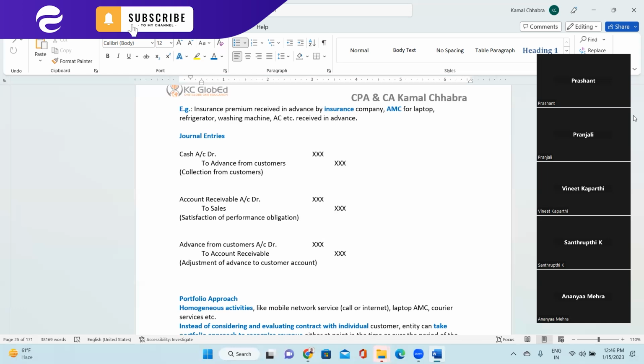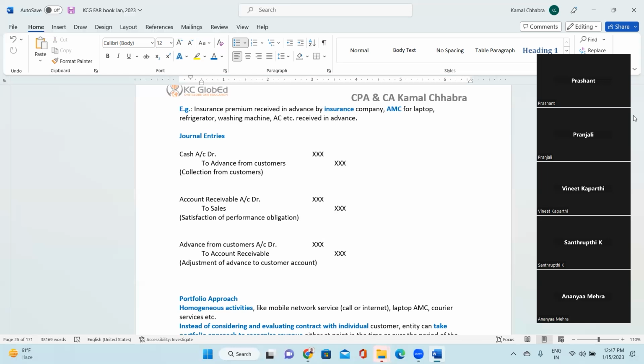Okay, if I simplify, if you feel like insurance is a big company and you're not comfortable assuming yourself as an insurance company, let's assume you are an AMC provider for laptops. I am a small company and I have 10 laptops for which I have paid you, let's assume, $12,000 AMC for the year.